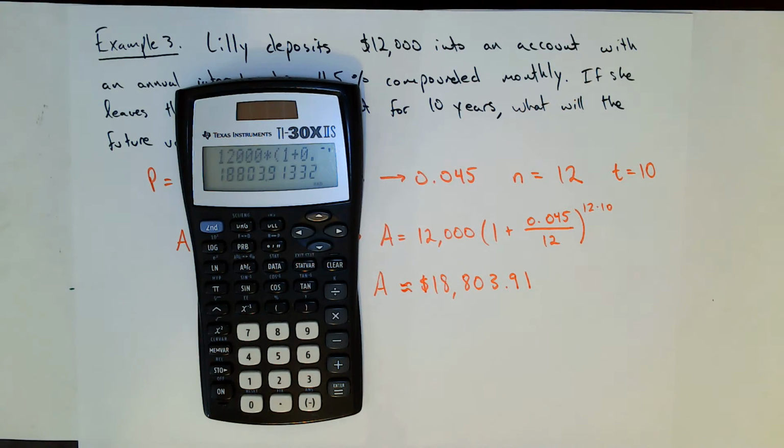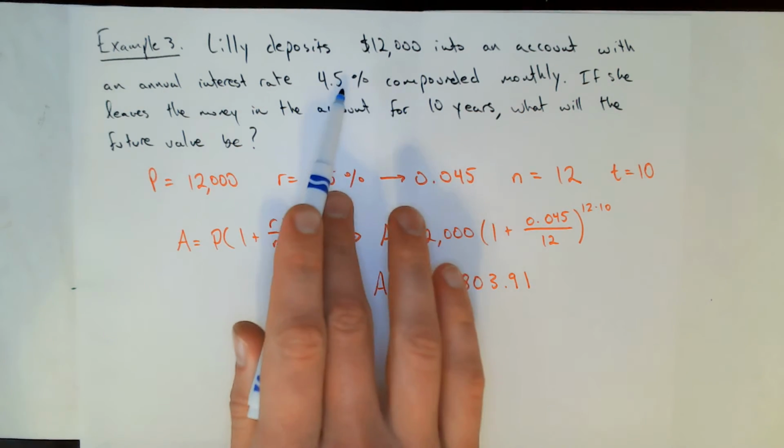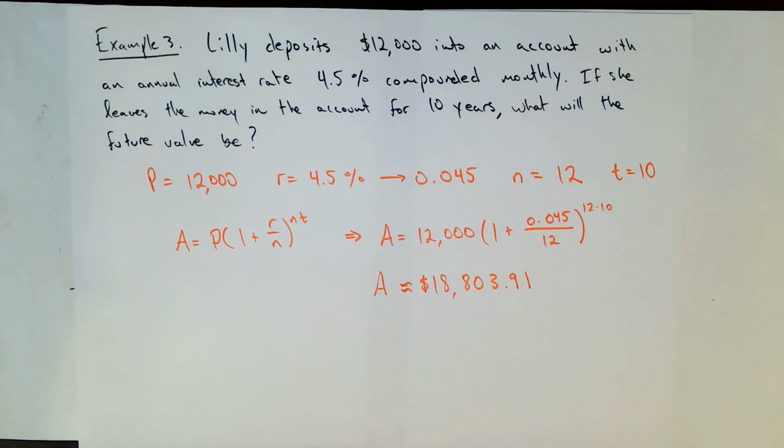So, this is the end of the problem. That is the future value for the amount of money that she will have after 10 years in this account with this interest rate compounded monthly.